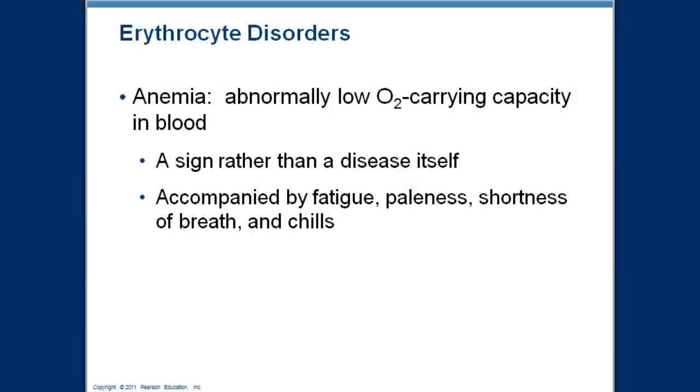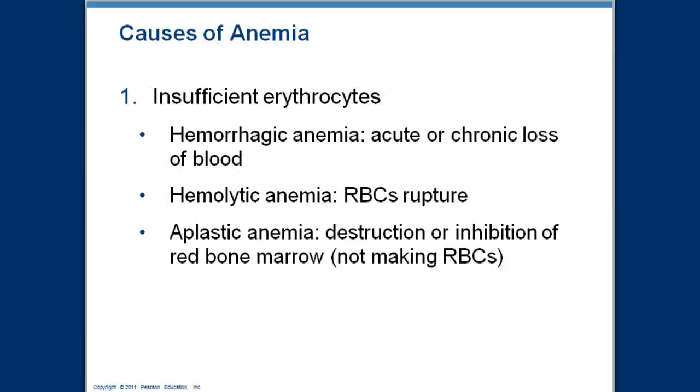So this brings us back to oxygen and the discussion of anemia. Anemia is just, as it says here, low oxygen carrying capacity in the bloodstream, and it can be due to a number of different reasons, and it is one of the possible causes of hypoxia. So the first reason you might not be able to carry much oxygen in your bloodstream is that you just don't have enough red blood cells.